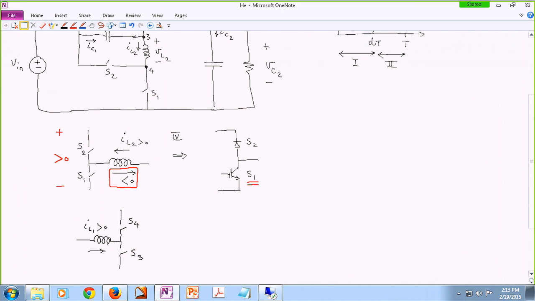We already know it's positive, and the voltages are here. For instance, this is the output voltage.